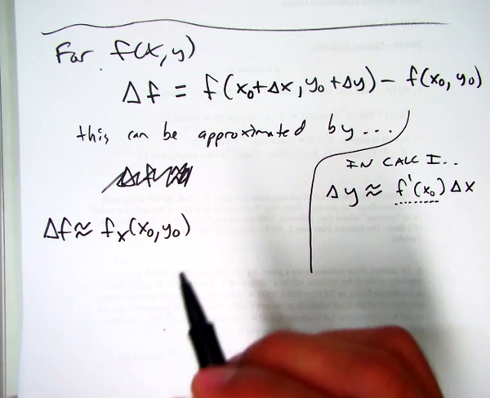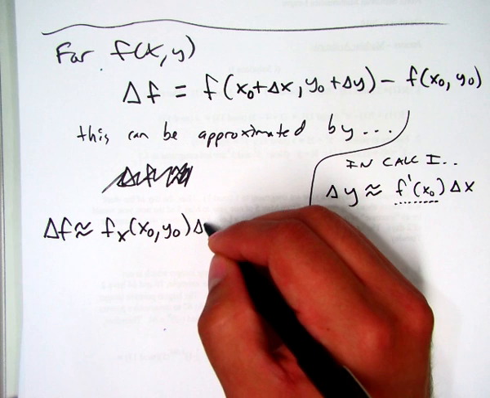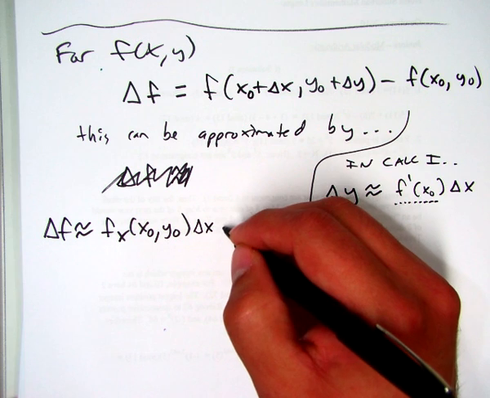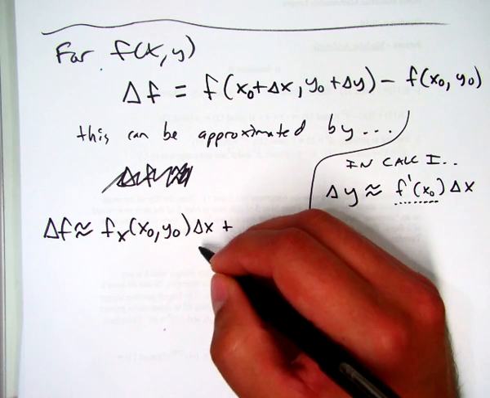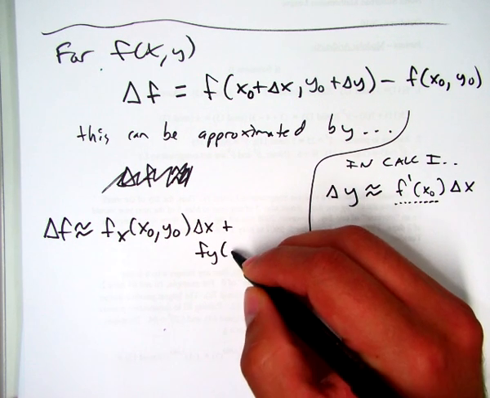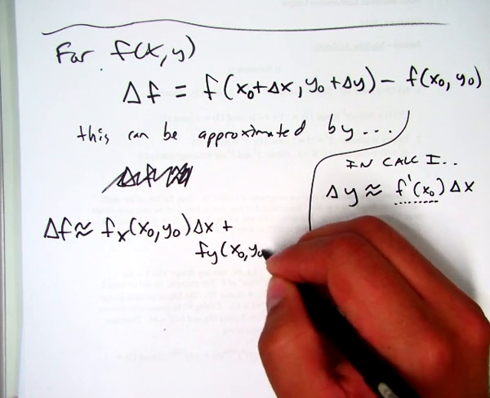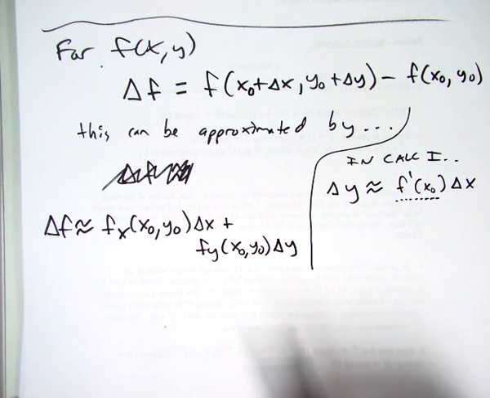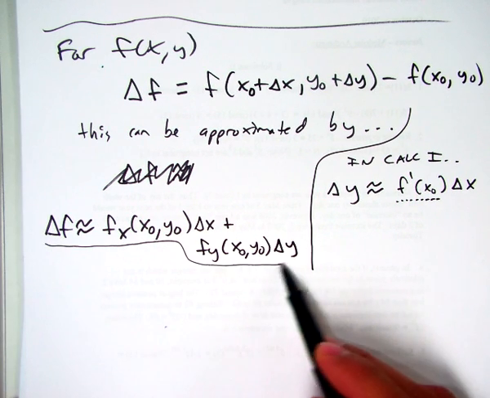So if we're going in the x direction, naturally, we'll multiply by how much we changed in the x direction. But we're also going to tack on what? Partial y evaluated at x naught, y naught, and change in y.